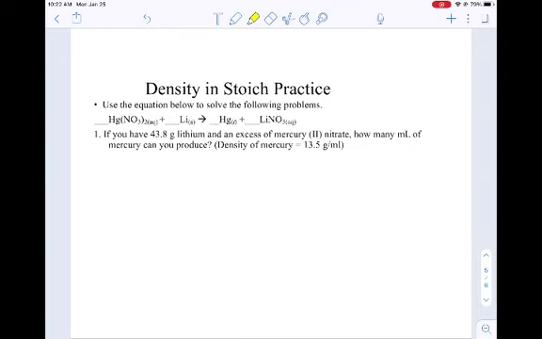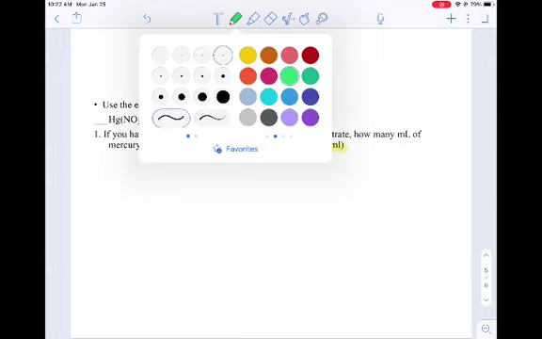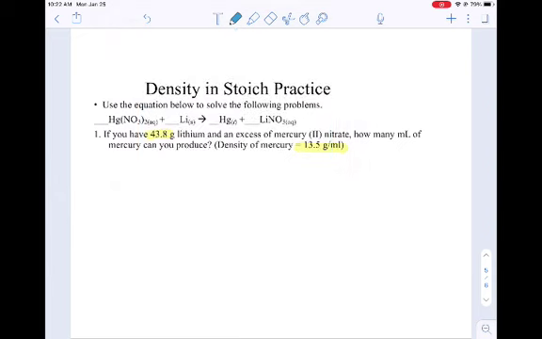One of the difficulties with density is that it gives you two different numbers within the problem. And since I always tell you to start with the number given, this can be challenging because two numbers are given. So instead of just starting with a number given, what I would say is always start with a measured number.